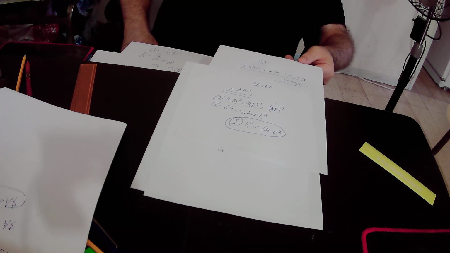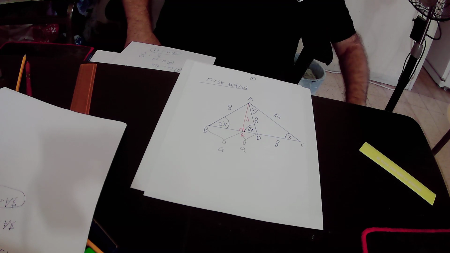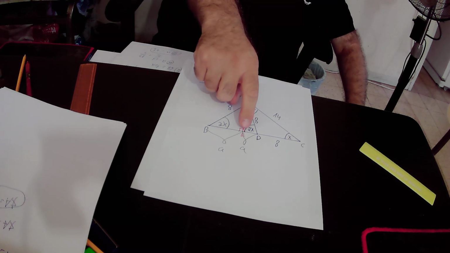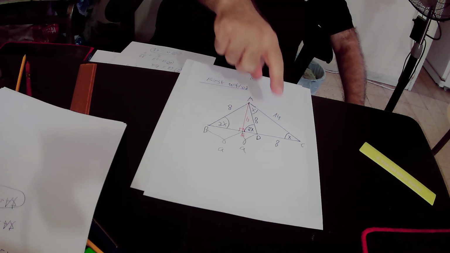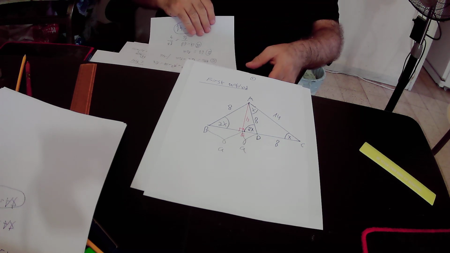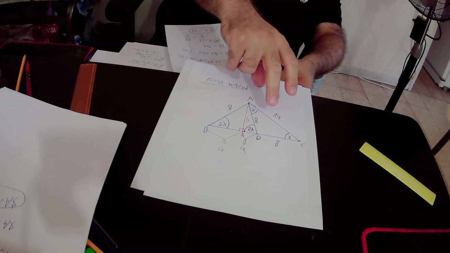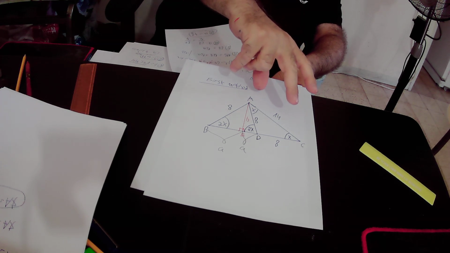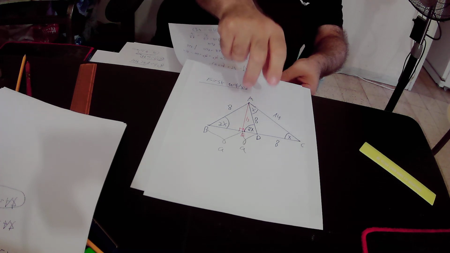Okay, so we have another right triangle. This angle is a right angle. Therefore, triangle AEC is a right triangle. And in the right triangle AEC, we can implement the Pythagorean theorem that states that the square of the hypotenuse equals the sum of the squares of the perpendiculars.